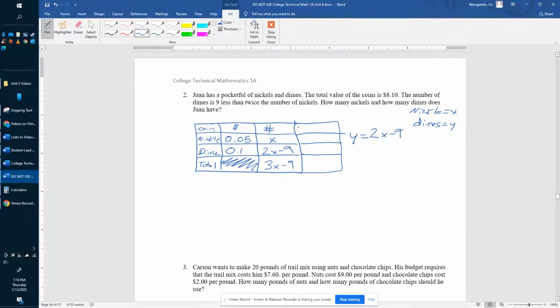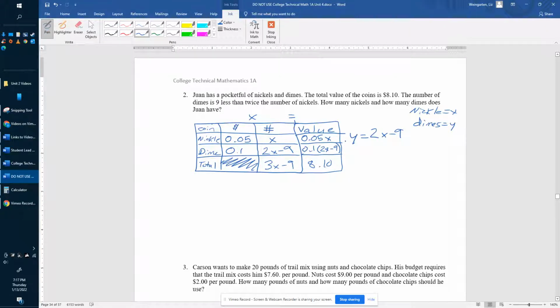Then the total value of what he has in his pocket, we are told it is $8.10. Nickels, we're going to multiply over to get the value of the number of nickels that are in his pocket. 0.05 times x, which is the number of nickels, and then we have 0.1 times (2x minus 9).